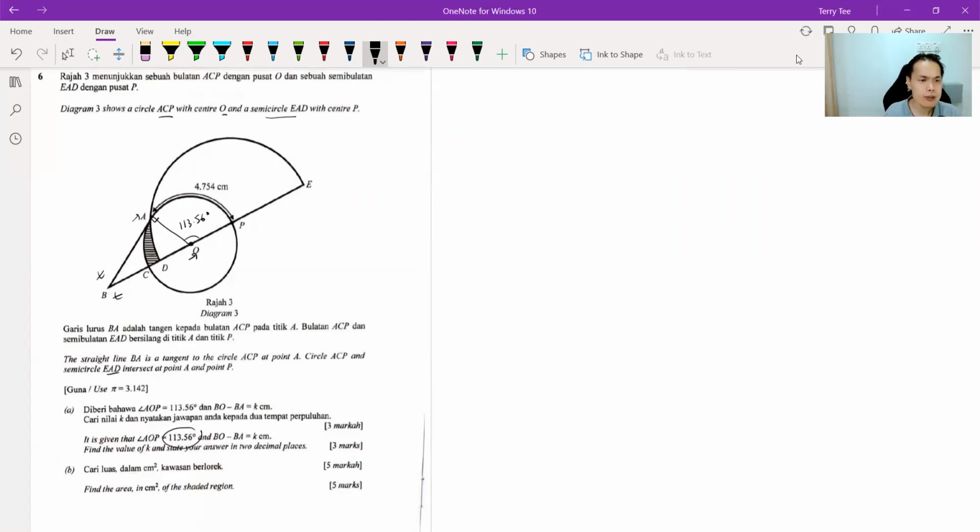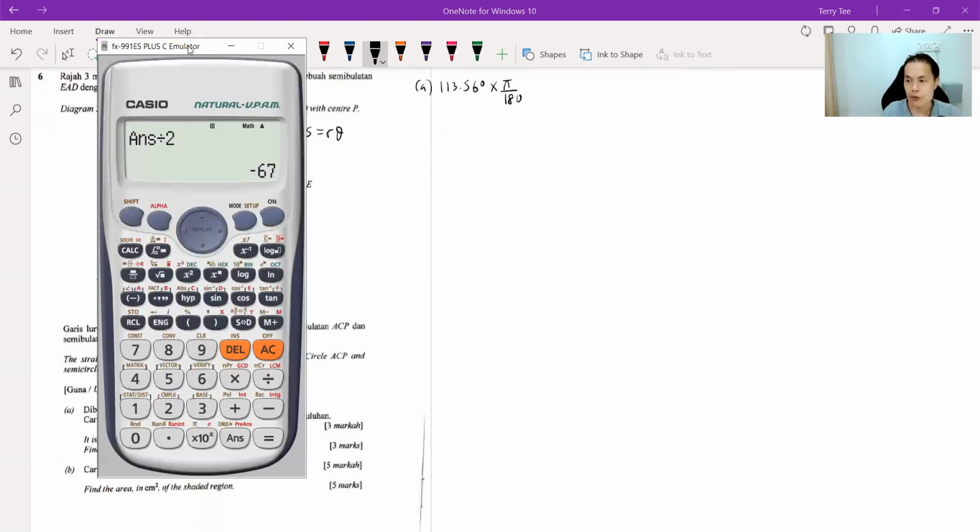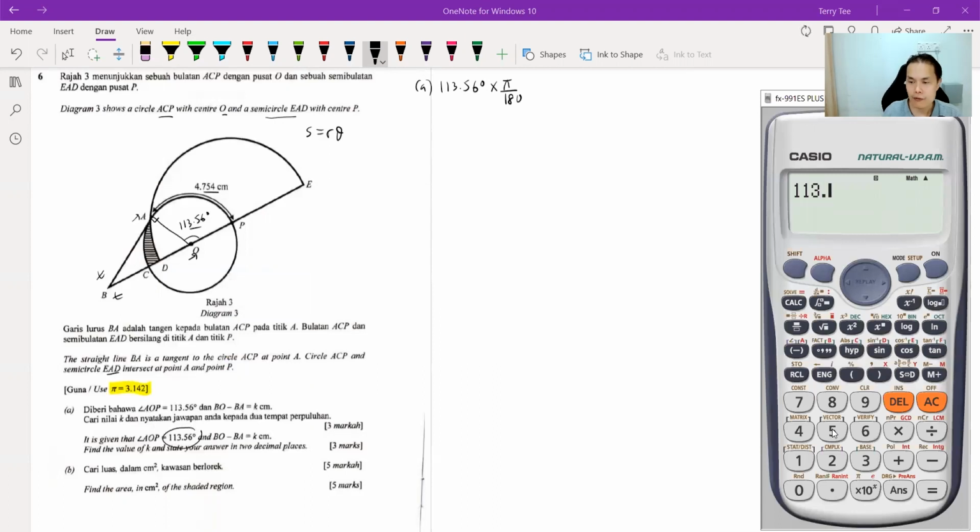So we need to find the difference between BO and BA. First of all, when you're given the length of this arc, 4.754, and this angle, we can use S equals R theta. But before that, I should convert this angle 113.56 to radian by multiplying with pi over 180. Remember in SPM, we always use 3.142 for pi. So on the calculator: 113.56 multiply 3.142 divide 180.